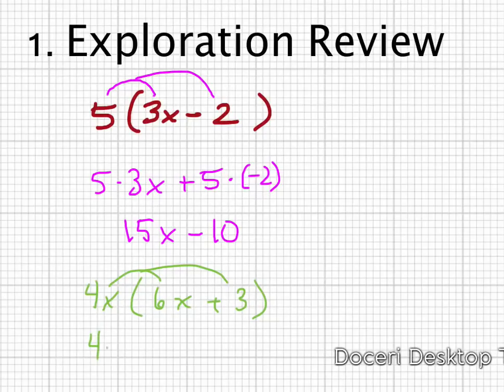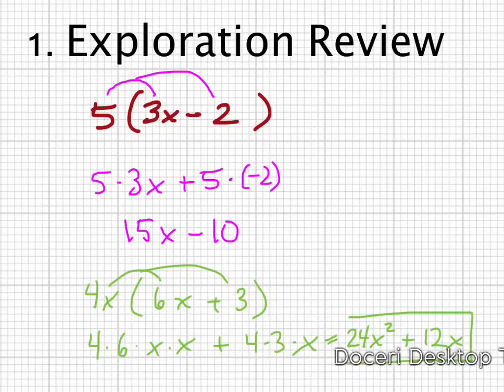So this gives me 4 times 6 times x plus 4 times 3 times x. And what this gives me is 24x squared plus 12x. And so that's the answer for that situation.